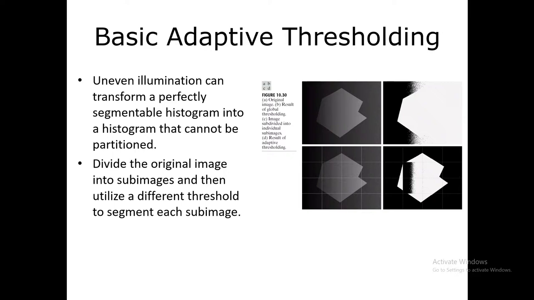But in general, uneven illumination can transform a perfectly segmentable histogram into one that cannot be partitioned.